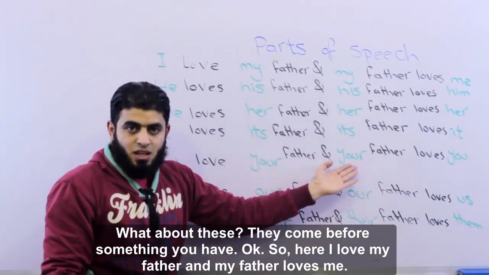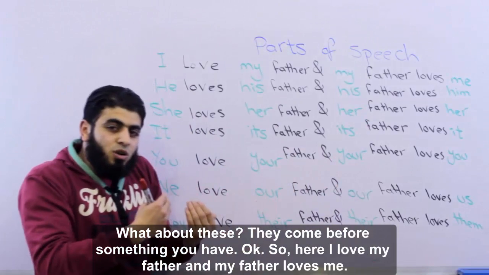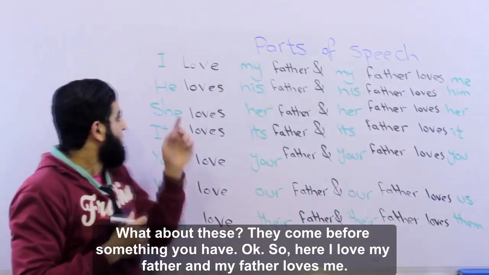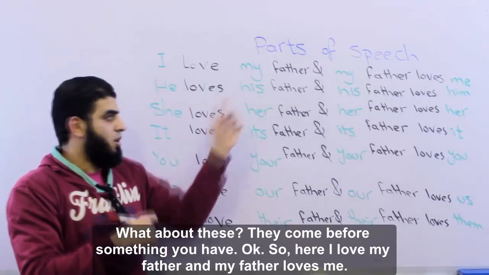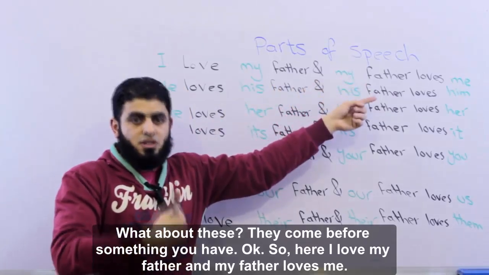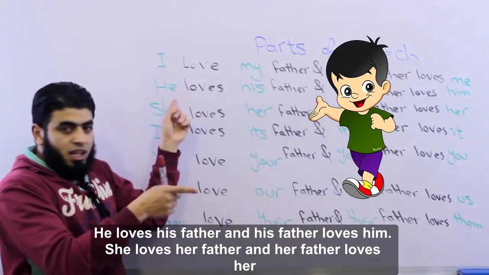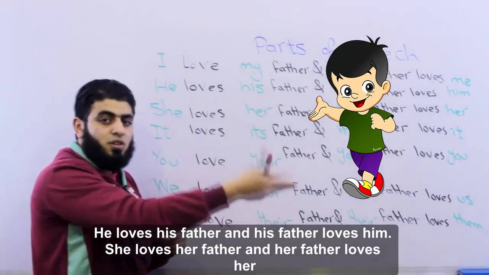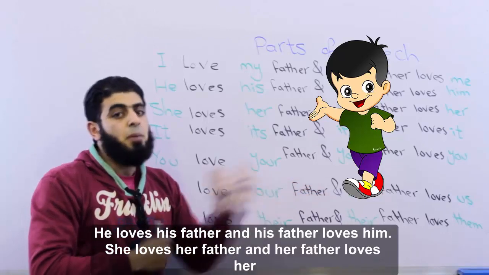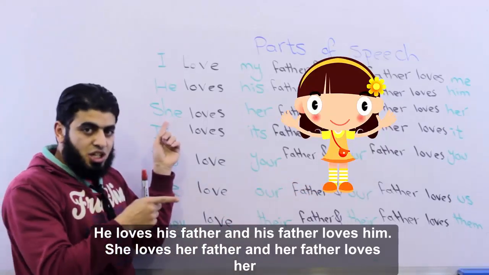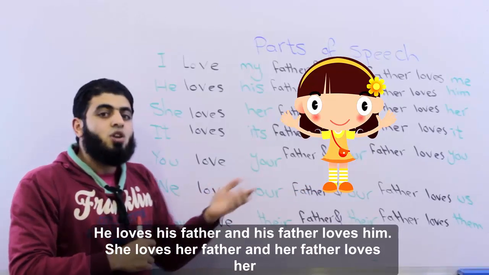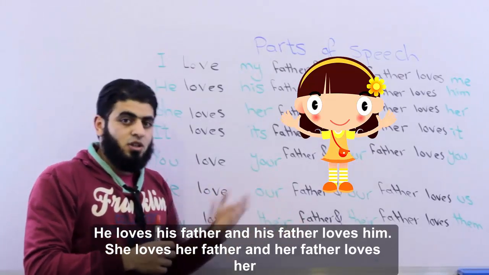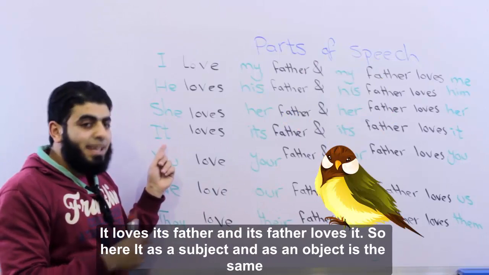What about these? They come before something you have. Okay. So here, I love my father and my father loves me. He loves his father and his father loves him. She loves her father and her father loves her.